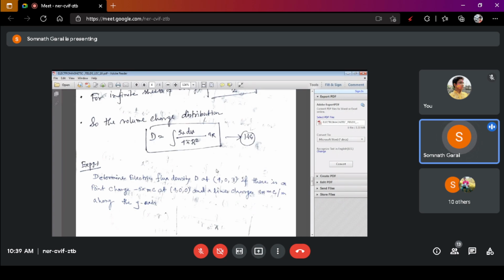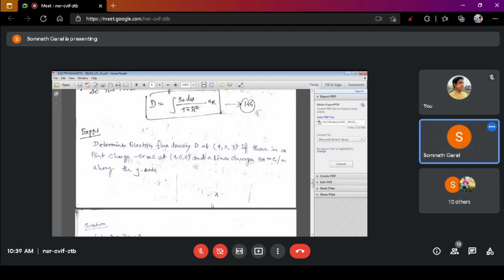So we have to calculate the electric flux density at point D, which is situated at 4, 0, 3, with respect to one point charge and one line charge. So electric flux density D will be calculated in 2 different ways, and the total electric flux density is the addition of the point charge density and line charge density, right?